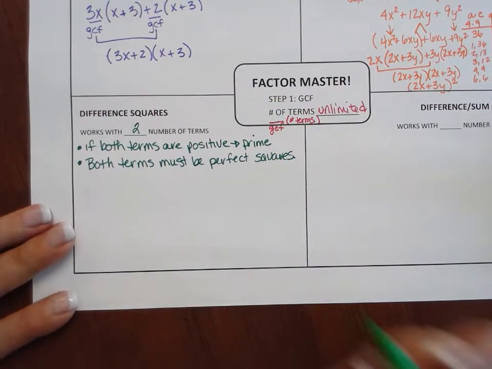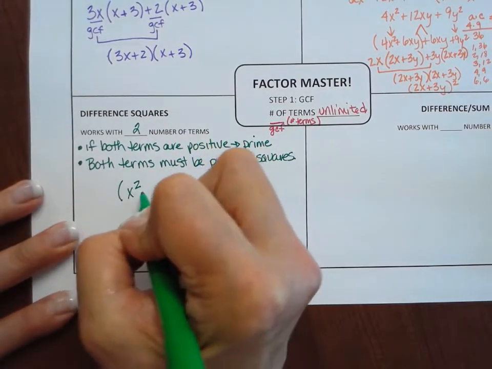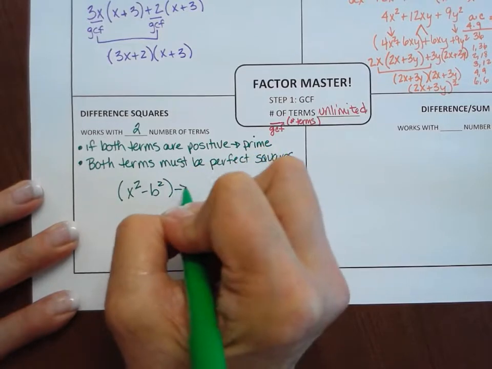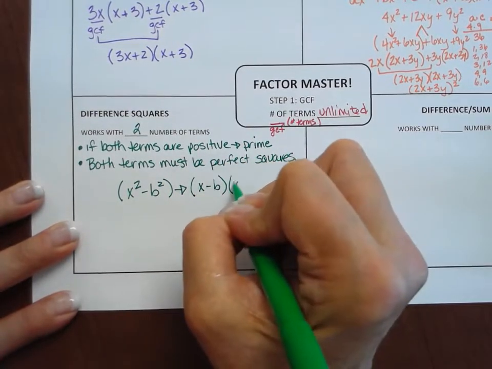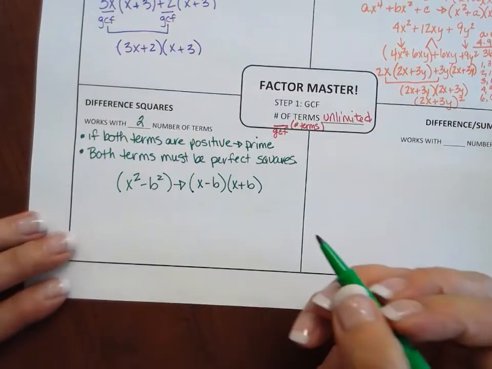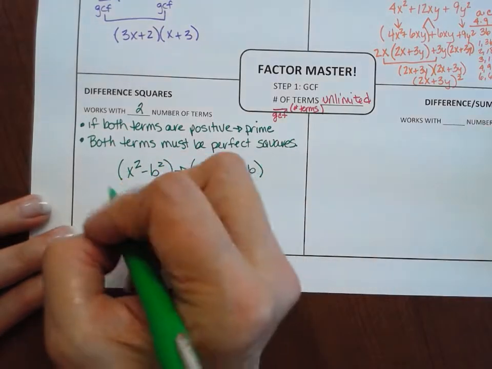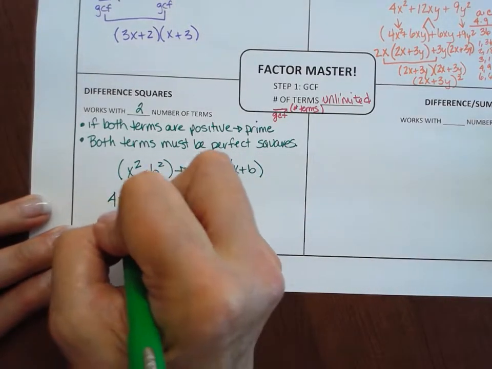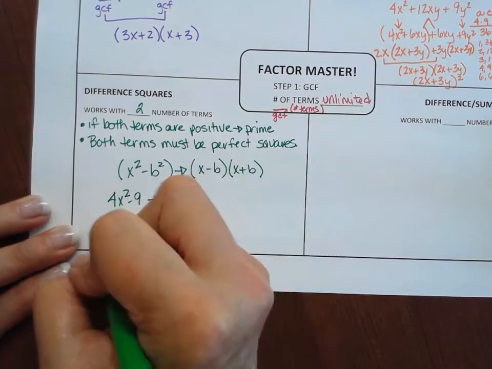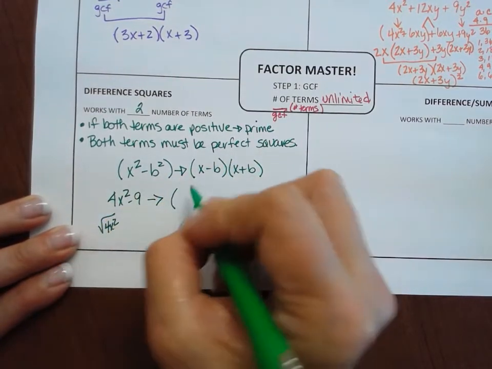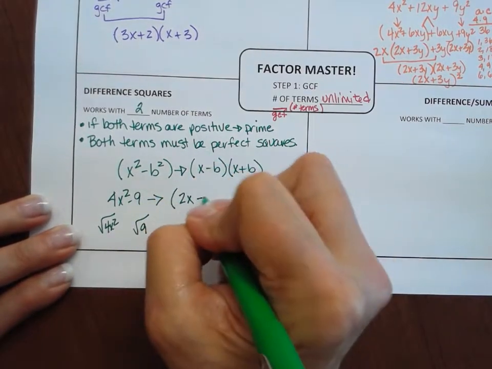And the rule is always going to be the same, where if you have x squared minus b squared, you're always going to have x minus b and x plus b. You just take the square root of them, right? So if I had 4x squared minus 9, the square root of 4x squared is going to be 2x, and the square root of 9 is going to be 3.